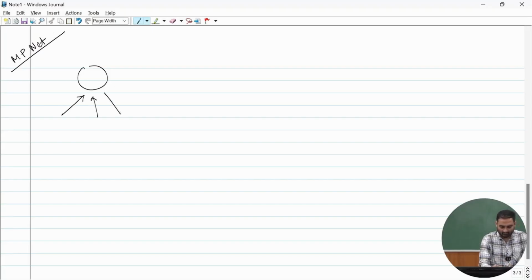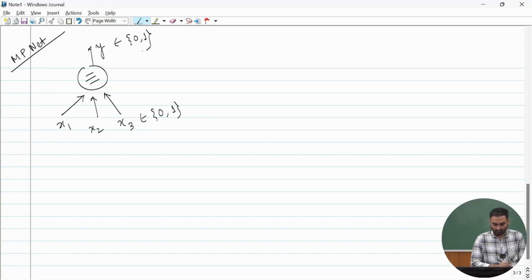You have inputs, and these inputs are binary, basically either 0 or 1. This is the simple neuron structure that you can think of, right? Then it essentially processes these here, and I'll tell you what they mean by processing, and it outputs something called y. This is also a binary variable.